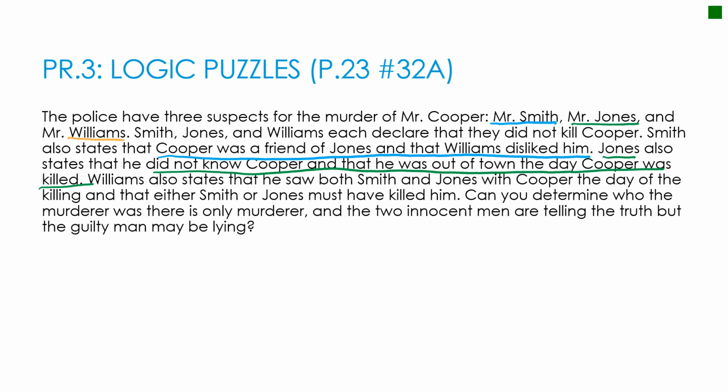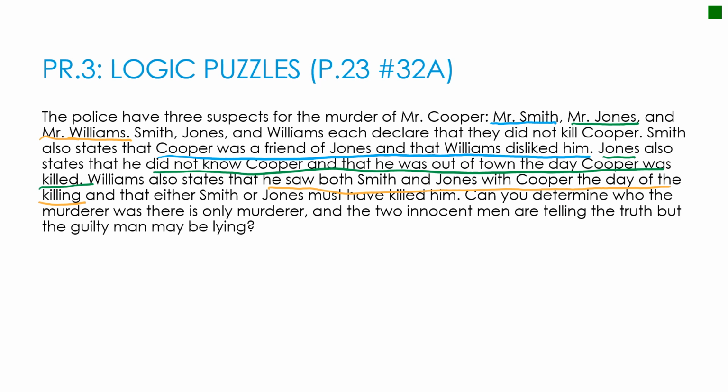And then we have Williams, and Williams states that he saw both Smith and Jones with Cooper the day of the killing, and therefore it must be one of them. Now, of course we know there are only three options. And so essentially we pick one and see if the logic works.